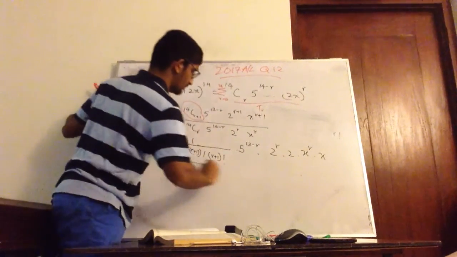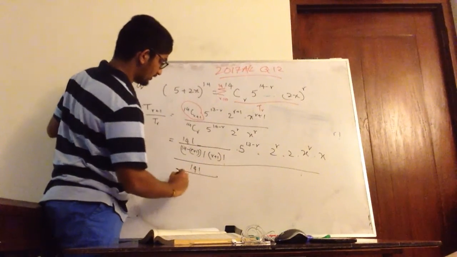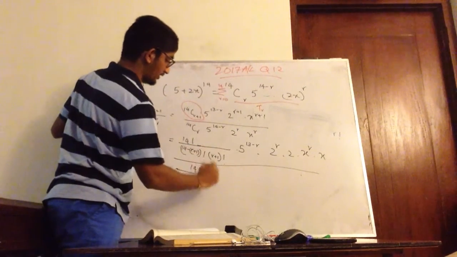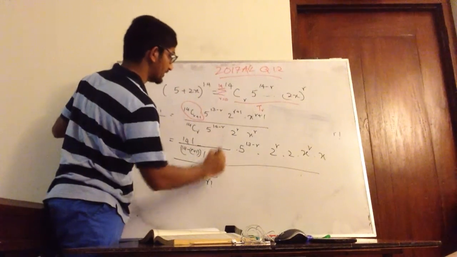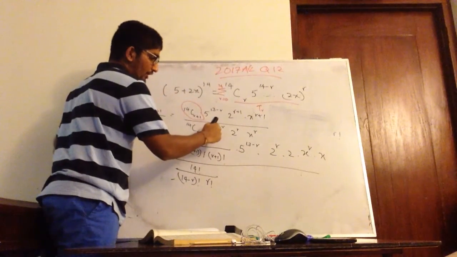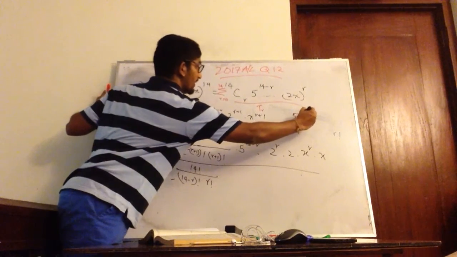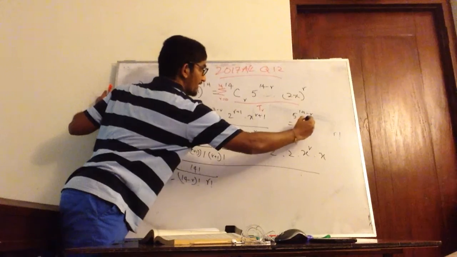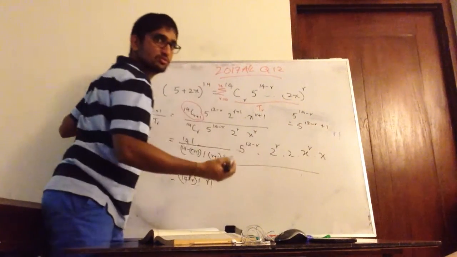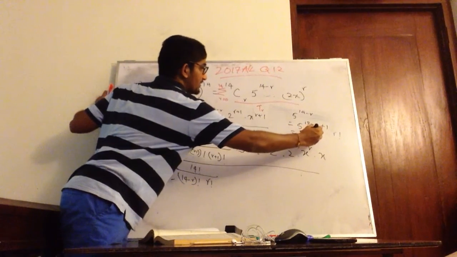Then here we write 14 factorial over (14 minus r) factorial times r factorial. I can write 5^(14 minus r) as 5^(13 minus r plus 1), that is 5^(13 minus r) into 5.